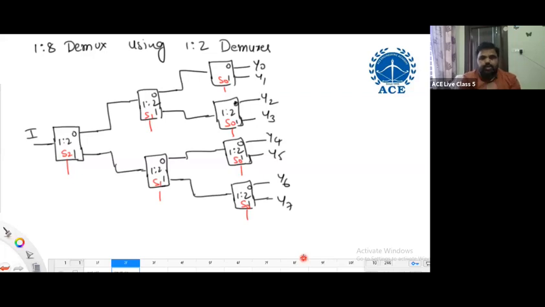And the major difference is, in multiplexer implementation, flipping horizontally, then make I to Y, Y to I. Because there was one output Y that is becoming one input I. There were I0 to I7. Now we have Y0 to Y7. Just flipping horizontally, make I to Y, Y to I gives the expected logic.